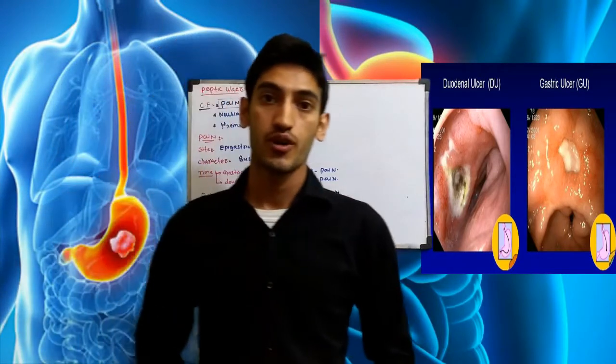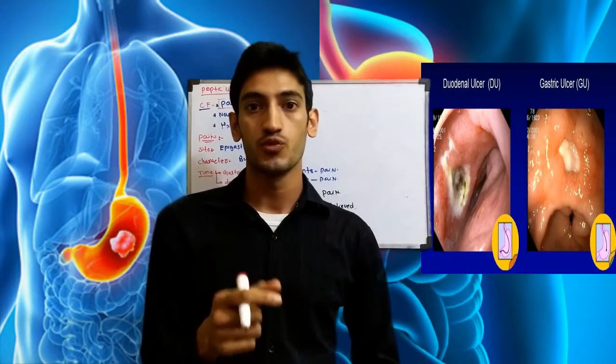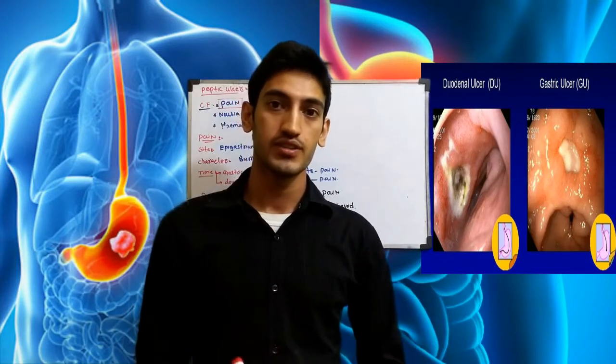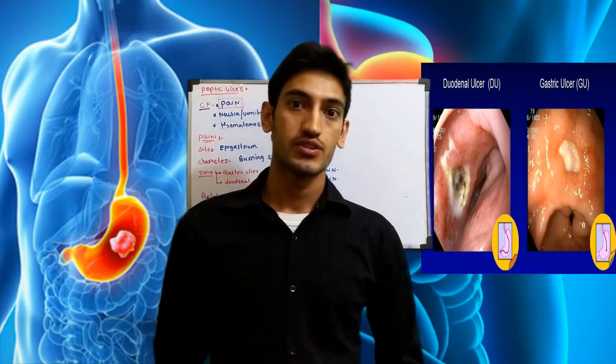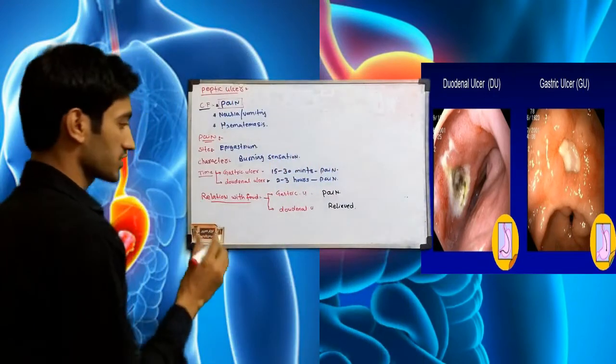Now we will talk about the aggravating factors, the factors which increase the pain of peptic ulcer, and then we will talk about the factors which decrease the pain. So first I will talk about the aggravating factors.